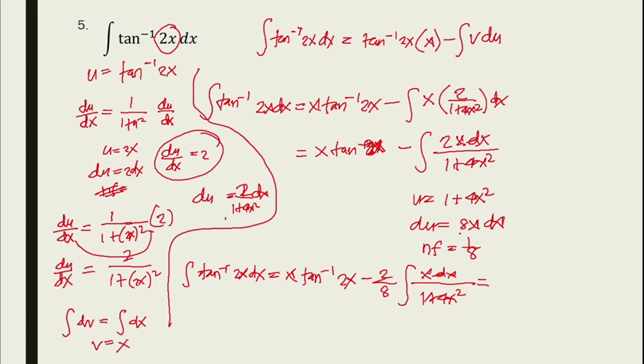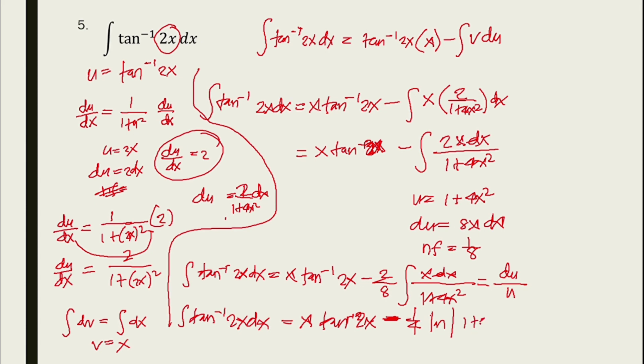This is du, and this is our u. So therefore, integral of inverse tangent of 2x dx is equal to x inverse tangent of 2x minus 1/4, and this is du over u, this is ln of 1 plus 4x squared plus c.